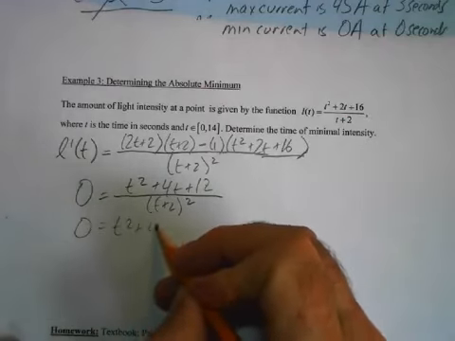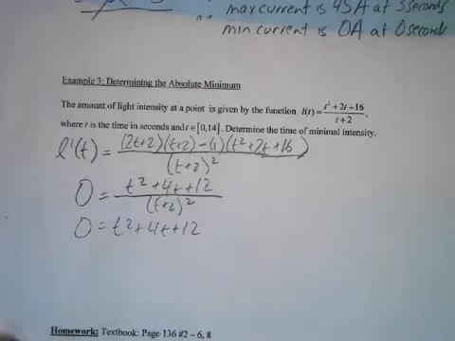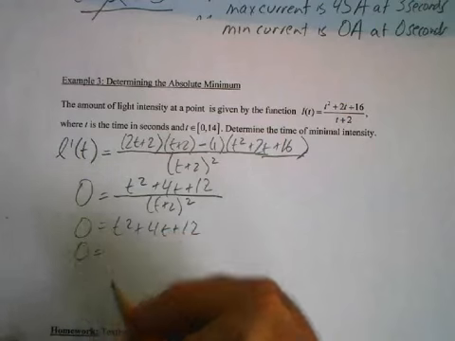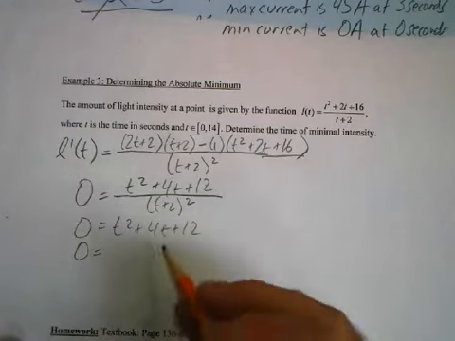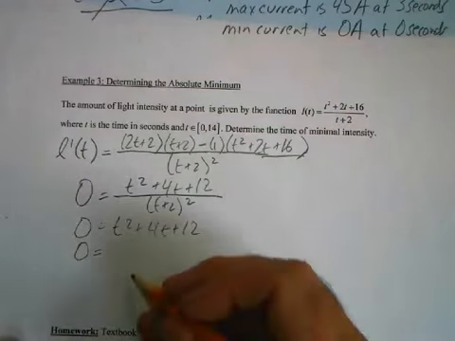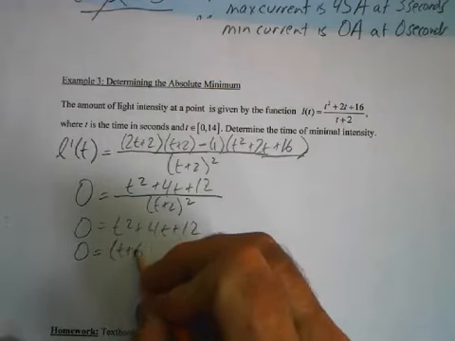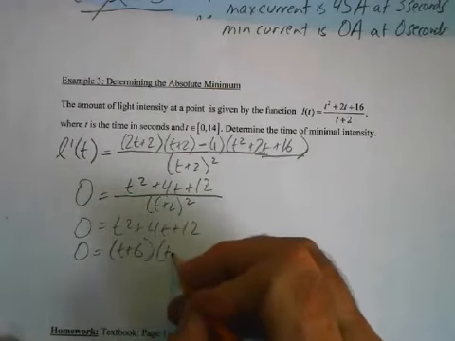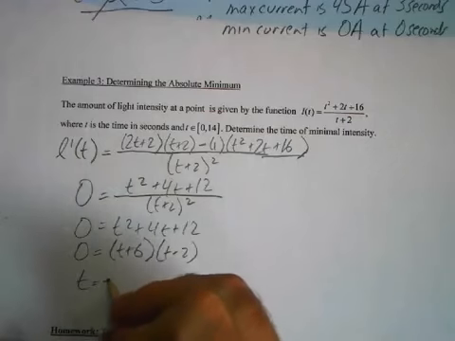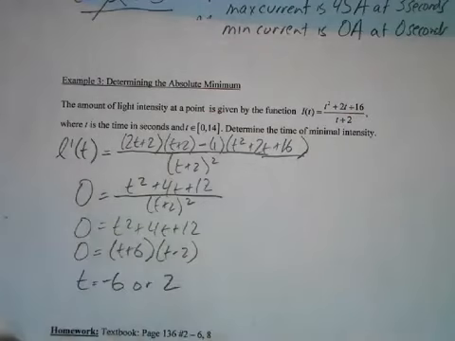T squared plus 4t plus 12. Factor that. Factors nicely. If it didn't factor nicely, of course you'd use quadratic formula. We get t plus 6, t minus 2. So therefore t is equal to negative 6 or 2.